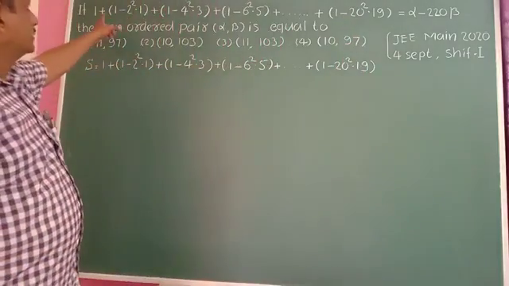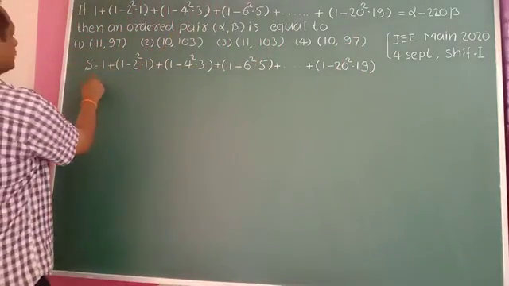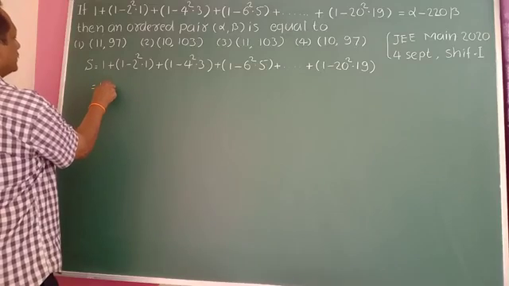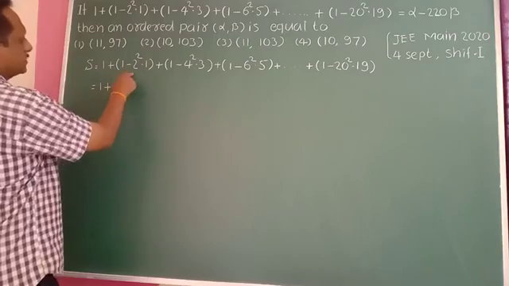Take this sum as S. Then here we can take a summation; there are 10 terms in total.